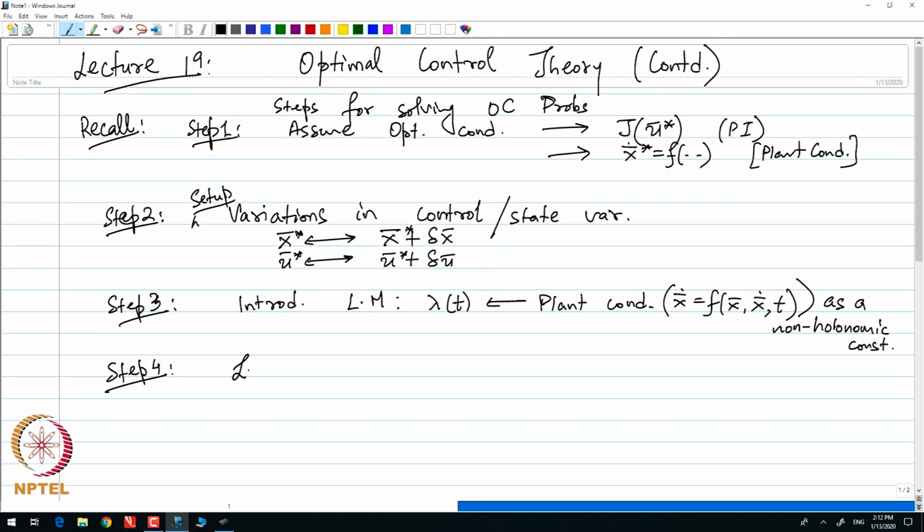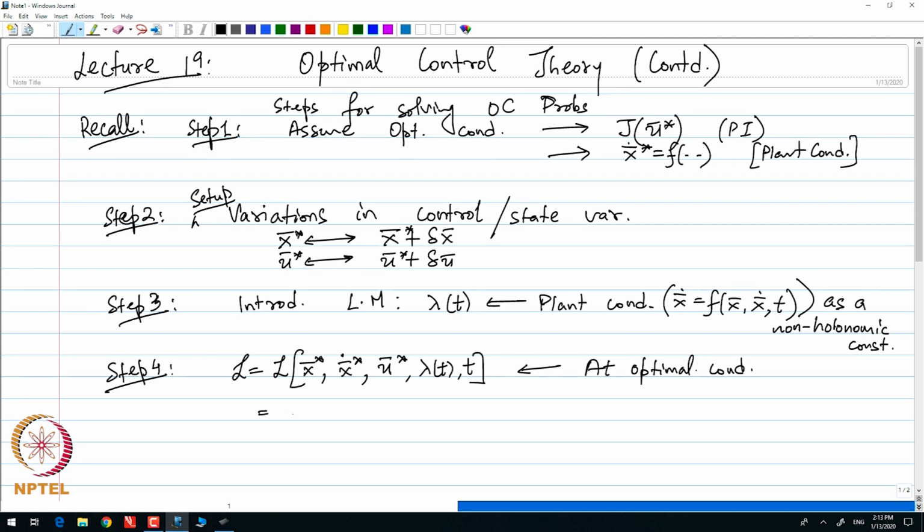We write down L of x star, u star, t. So, we write down the value of this Lagrangian at optimal conditions as well as at the perturbed condition.